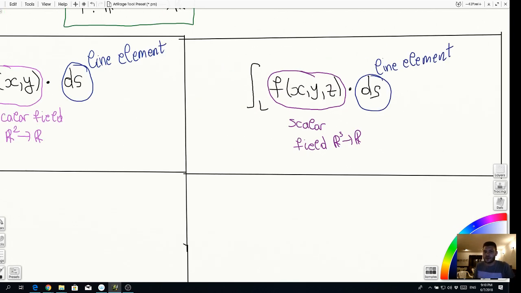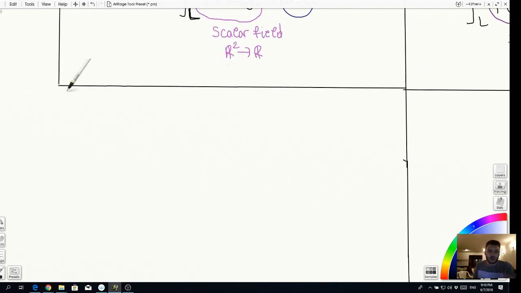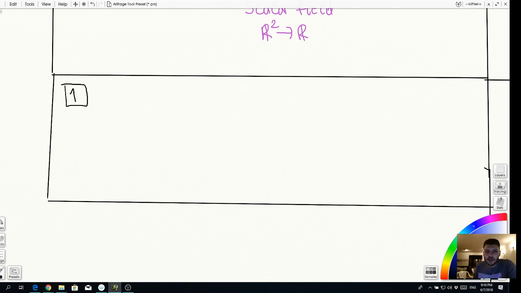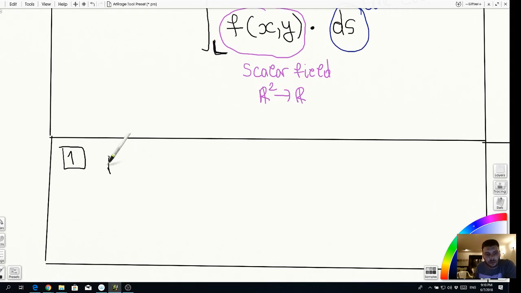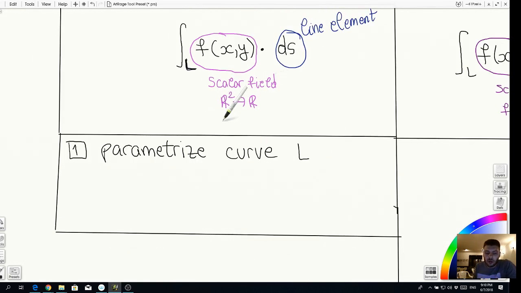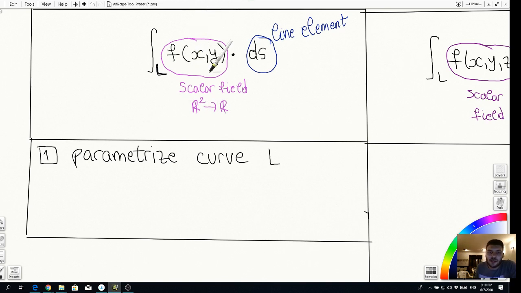So let's see the first step here. First step is to parameterize curve L. And actually we are parameterizing our variables x and y.